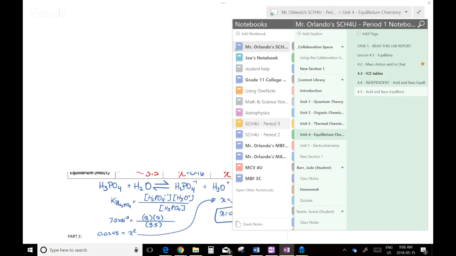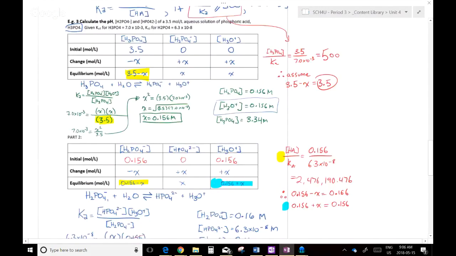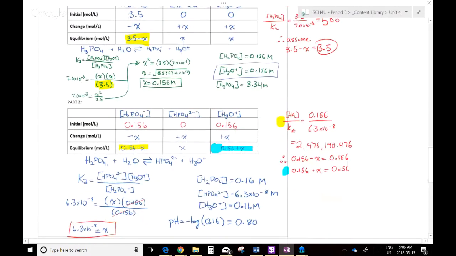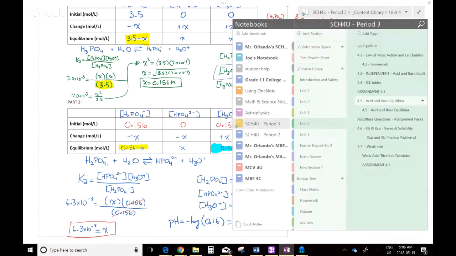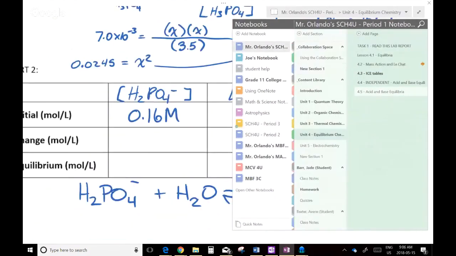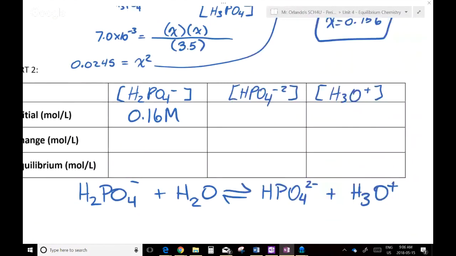And where the other one left off, how much H3O plus do we have? Good. Okay, and that's the big takeaway here, that sometimes we start off in an equilibrium that does not start off at zero.